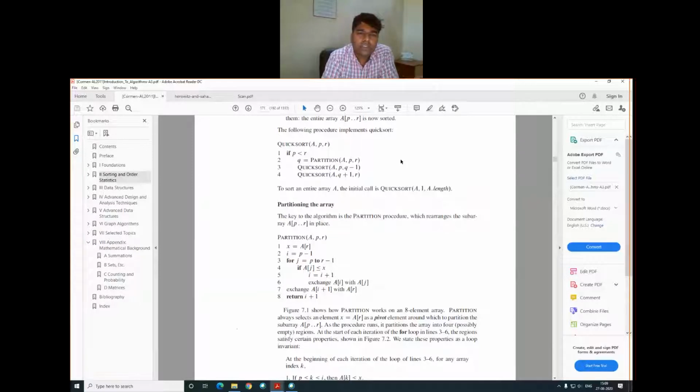In it we use one dominating function that is called partition. Partition is an algorithm that places the pivot point in its actual position, and then recursively we call the quicksort algorithm for the subarrays.